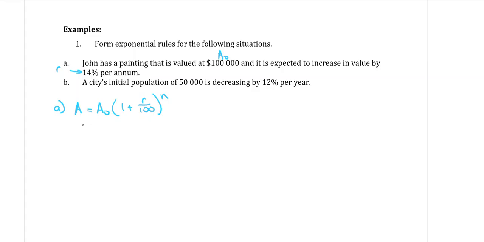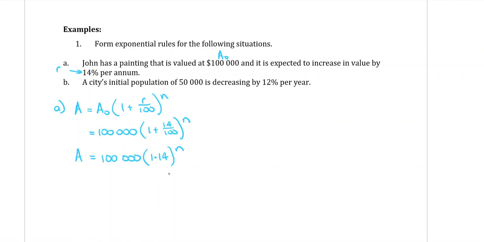So subbing in what I do know, A is going to be equal to 100,000 and then bracket 1 plus r, which is 14 over 100 to the power of n. Now all I want you to do to tidy that up is tidy the bracket. So we have 100,000, 1 plus 14 over 100 is 1.14 to the power of n.